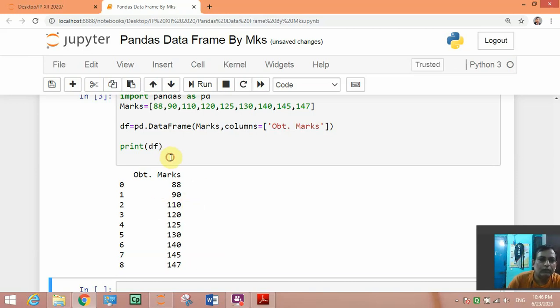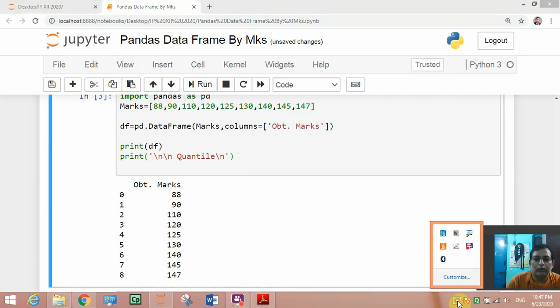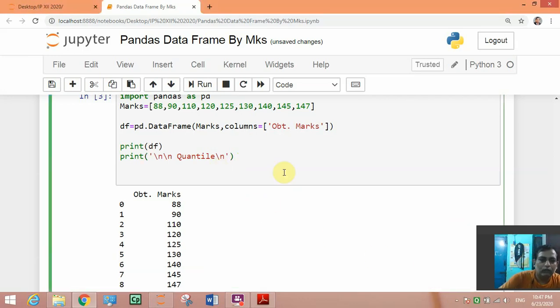For that we will write print df dot quantile, in brackets you can write 0.25, comma, axis equal to 0.